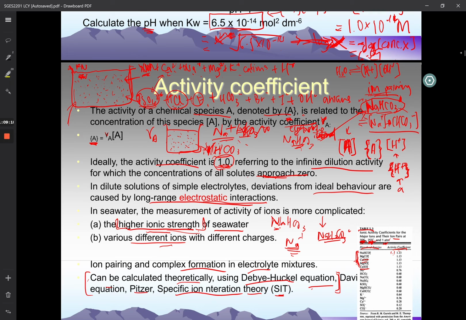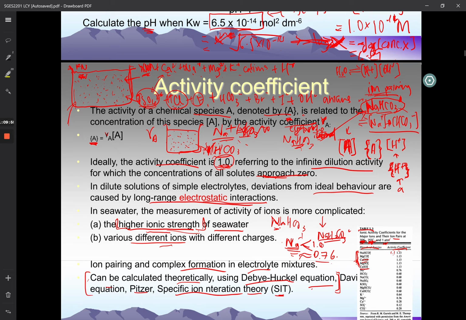Therefore you may have an activity of sodium which is less than 1.0, maybe around 0.76. This is why, in a non-ideal solution, you always have an activity of any ion which is lesser than 1.0.